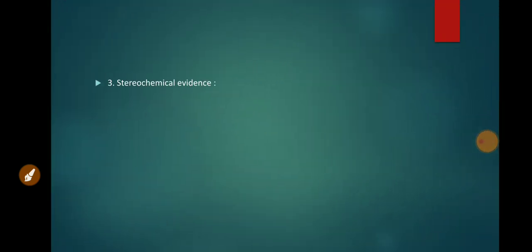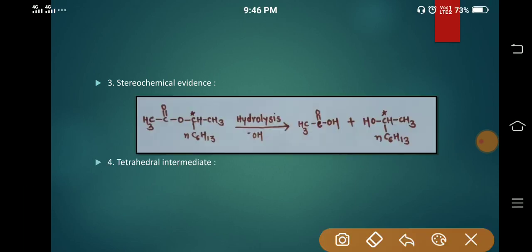Another evidence is the stereochemical evidence. In that reaction, the alkyl group carbon can be isotopically labeled, and on hydrolysis it gives acetic acid along with an alcohol. If we check the stereochemistry of this alcohol, we get the product with retention of configuration.